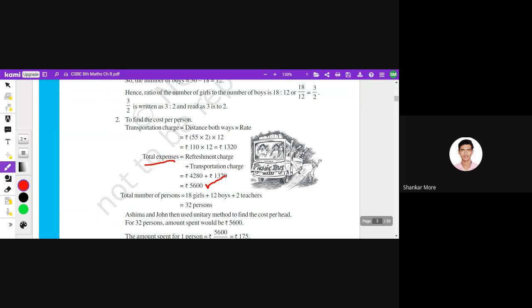We have calculated per head cost, which resulted into rupees 175 per head. तो ये हमने पर हेड कॉस्ट फाइंड आउट की है. So the amount spent on one person we can say as well. So ये कैलकुलेट करते वक्त जो हमने स्टेप्स फॉलो किए हैं, is there any doubt in those steps? आपको समझ में आया या फिर should I repeat the steps? I believe not. Is there a need? If there is need, please let me know.